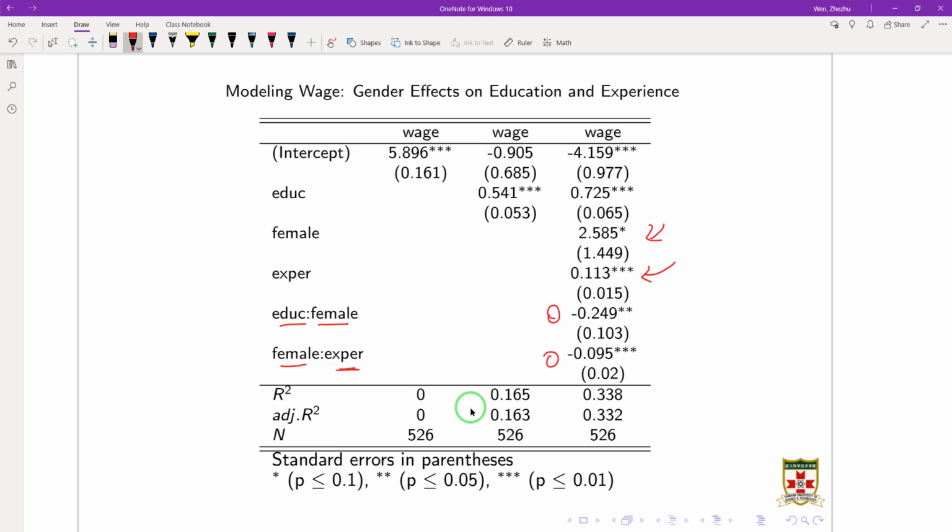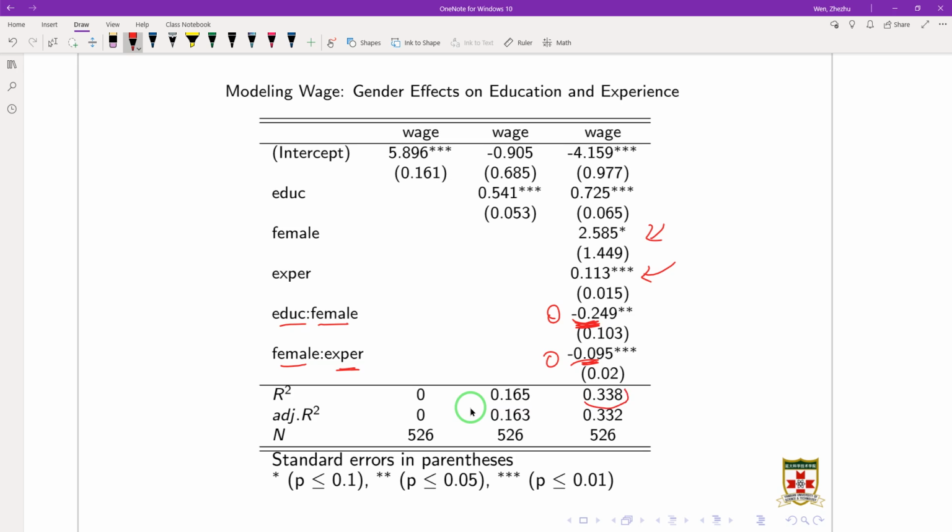Not only with more education, women make less money; with the same level of education, women make slightly less money. With the same level of experience, female also makes less money than male. That is what we were able to discover using our data set.